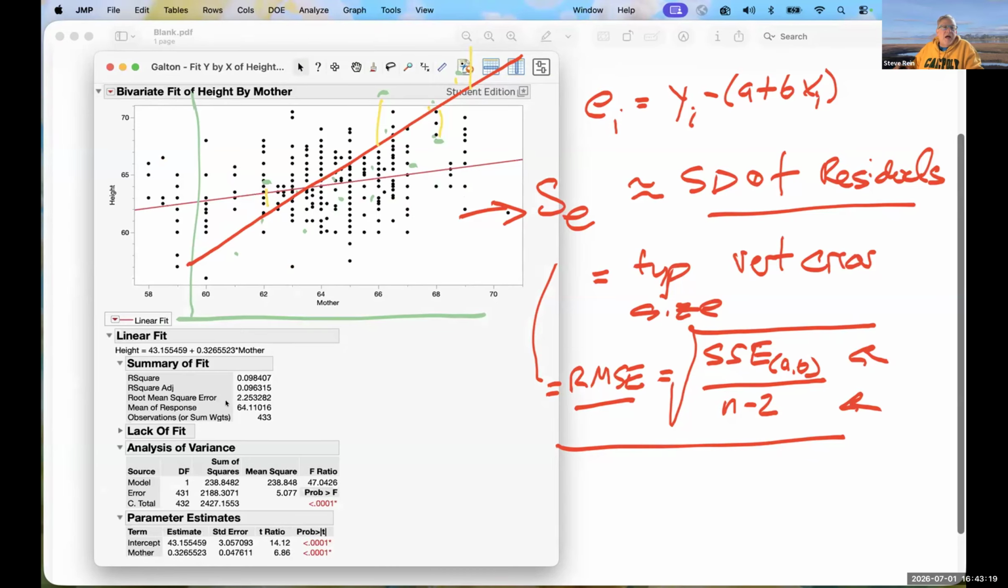If I'm trying to predict the height of the kid from the height of mom, I'm going to be off by about 2¼ inches on average. Some people I'm going to peg exactly. Some people I'm going to be off by as much as 2 root mean squared errors. Literally, RMSE, if you go up and down 2 of that, should contain about 95% of the actual data values.